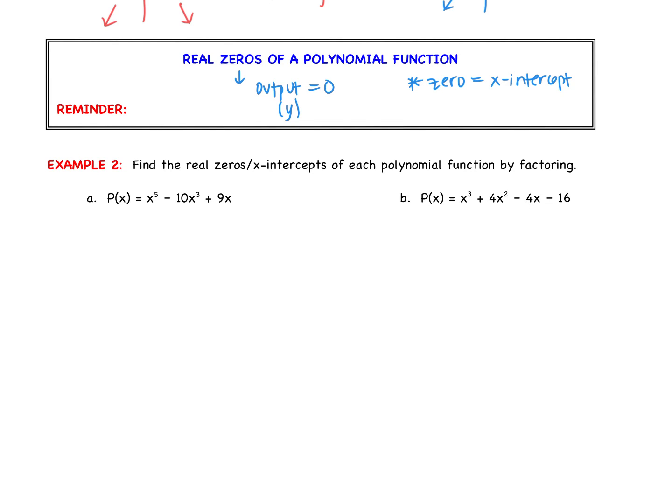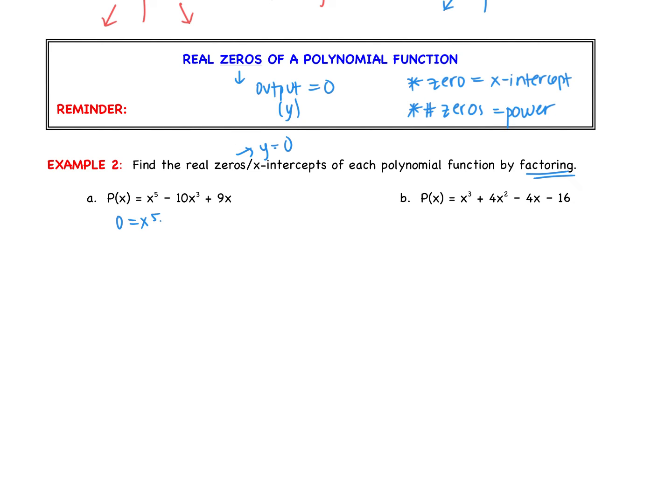Power. Yeah, the power or the degree. So the number of zeros will be equal to the power. Okay, so 2a. Find the real zeros / x-intercepts of each polynomial by factoring. So again, real 0 means that the output is 0 or y is 0.